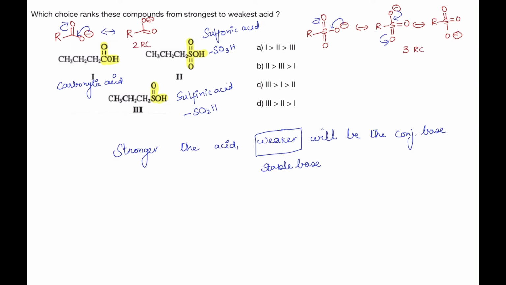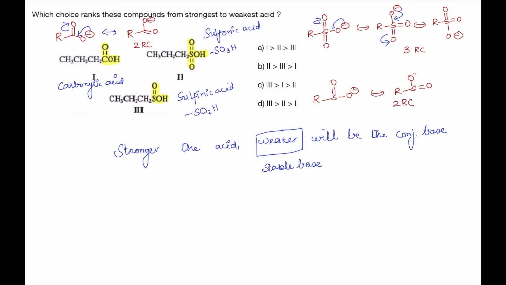Now, let's take a look at the sulfinic acid. Here again, after you remove the hydrogen, there are 2 oxygens where the negative charge can be distributed. So let's draw for sulfinic acid. It's going to have 2 resonance contributors.